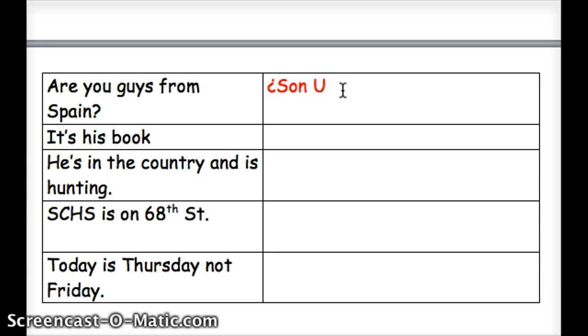So, ¿son ustedes de España? It's his book. No, not emotion, not physical condition, and not location. It belongs to him. You're showing a relationship. So a form of ser. It's his book. Es, because the it is the understood subject.